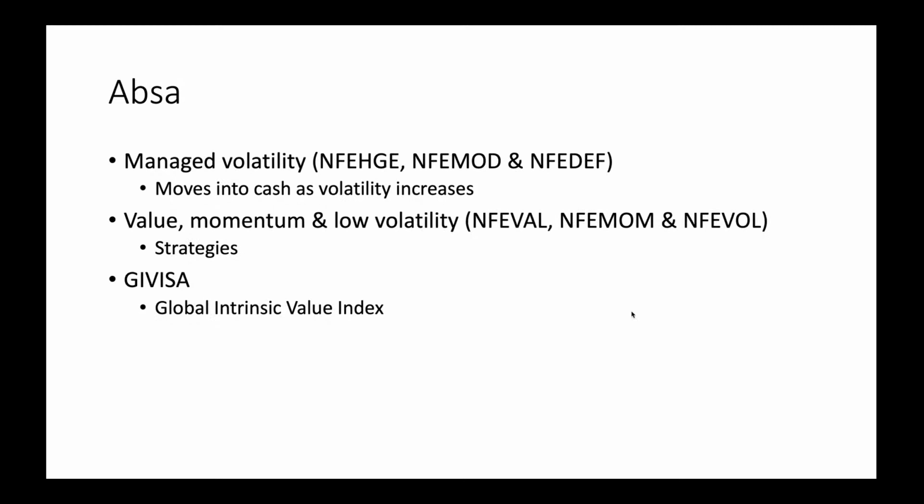And then ABSA's got a fair bunch. They've got their managed volatility, and they've got three: a high risk, a moderate, and a defensive. They came out fairly recently, a year ago or so, I suppose. The logic with them is that as volatility increases, it starts moving into cash. When markets are crashing, like we saw back in March, volatility is at its absolute high point.